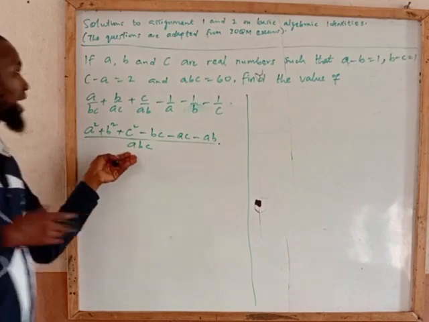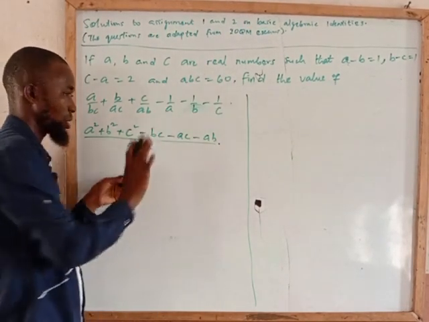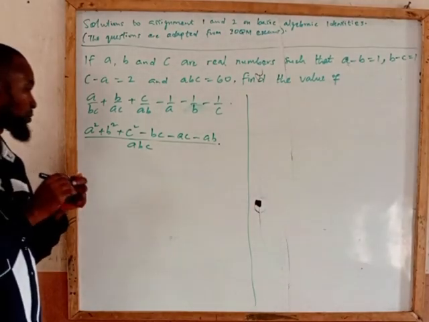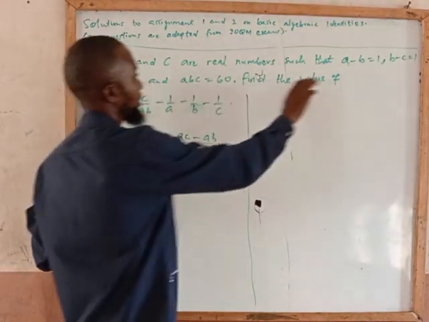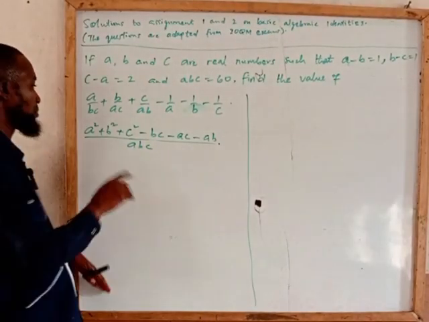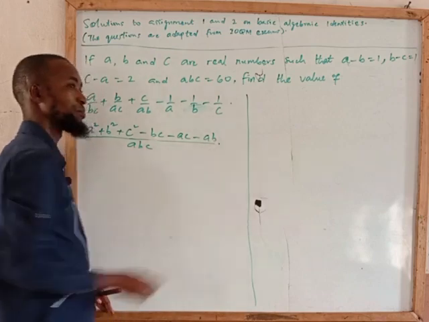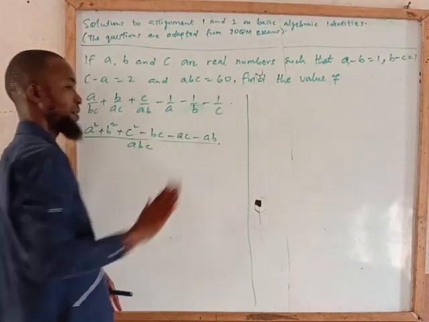Since ABC is equal to 60, from the given, all I need to do now is adjust this and this, possibly to give me something of this form. You can see the denominator already has a perfect match.